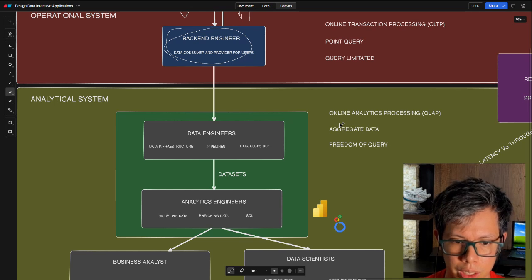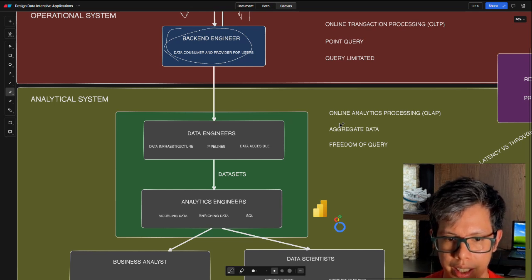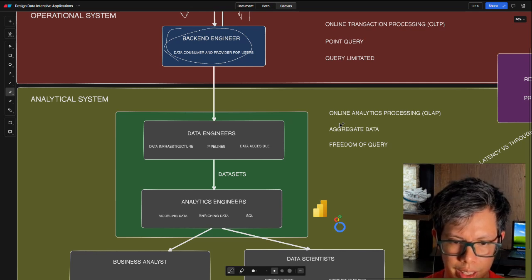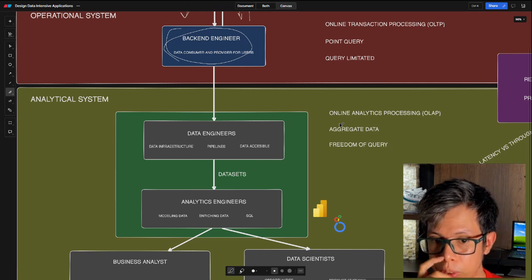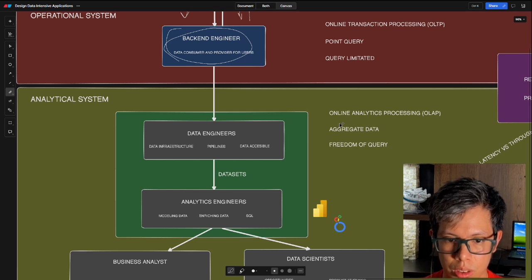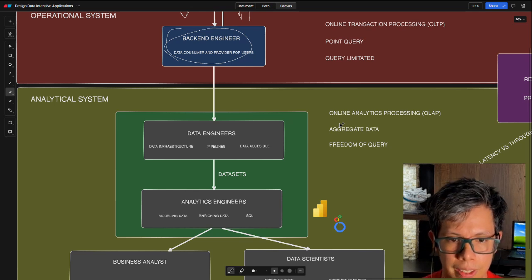So for that reason, the data engineers will handle a different infrastructure. You have to support more data and take care that the data is not corrupted. So that's it.